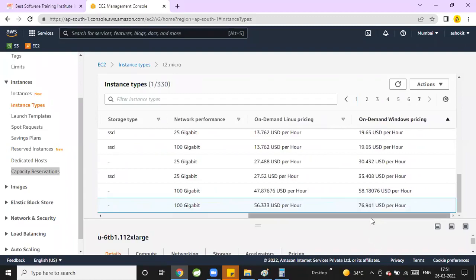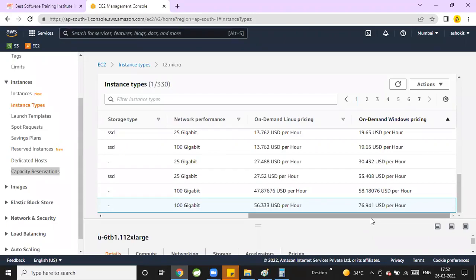Bill will be generated. If I use it for 5 minutes also, what will happen? $76 I have to pay per hour. The minimum billing period is 1 hour. If you use it for 1 minute also, same. They are going to charge 1 hour price.